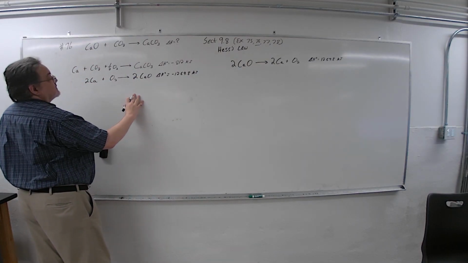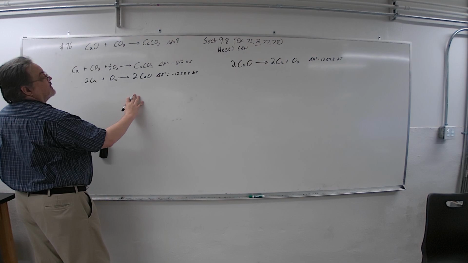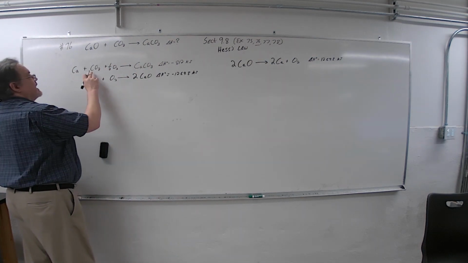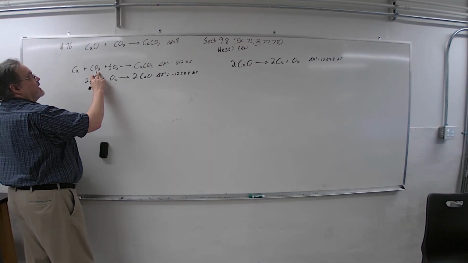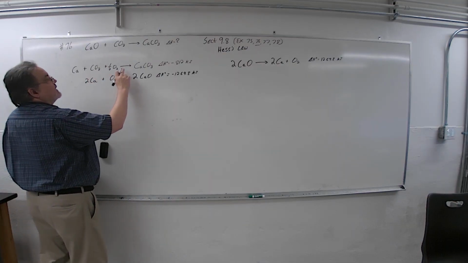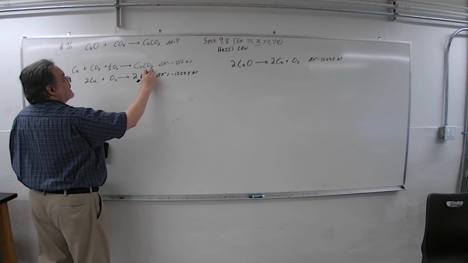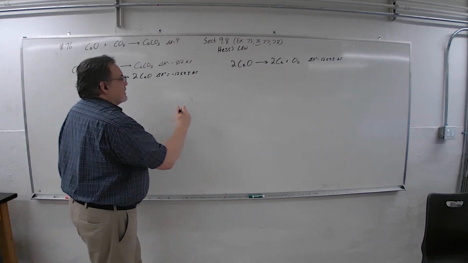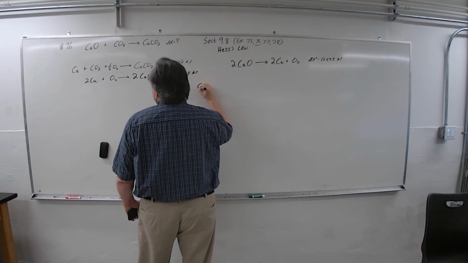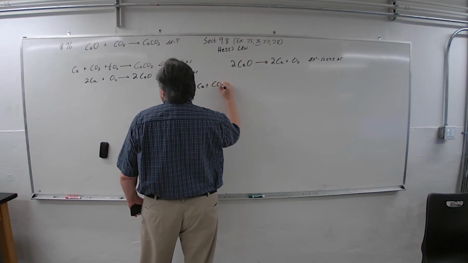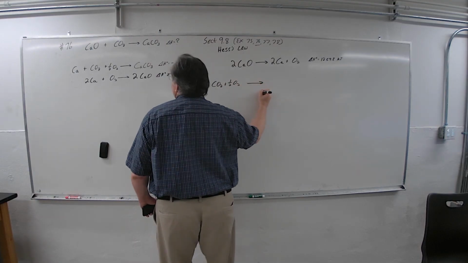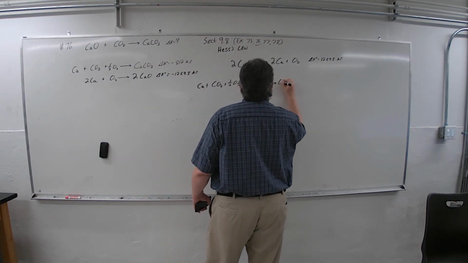I also need CO2 on the left, and I need CaCO3 on the right. This one has CO2 on the left, like I want, and it has CaCO3 on the right, like I want. So I'm going to write that one as is over here: Ca plus CO2 plus 1/2 O2 makes CaCO3.